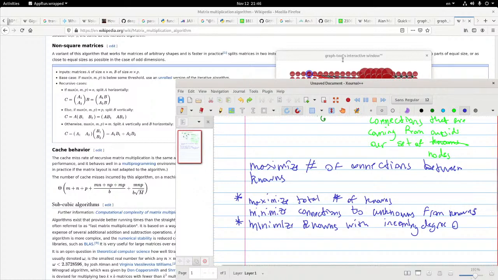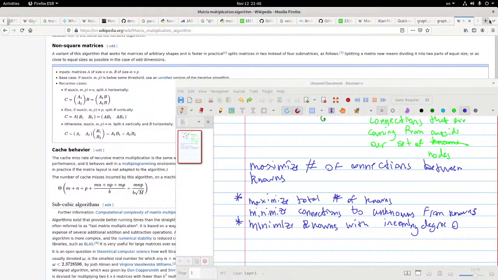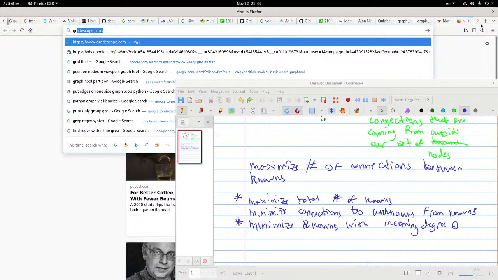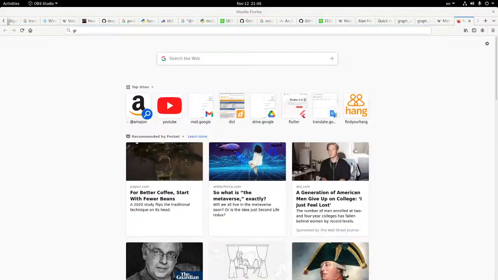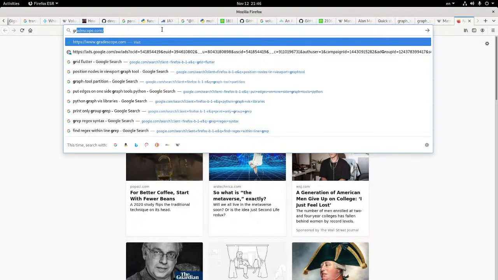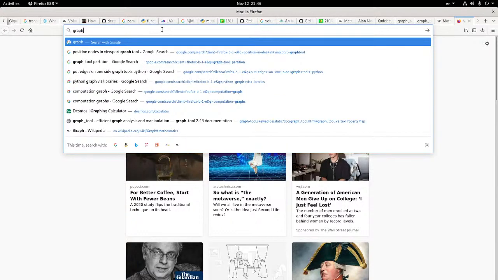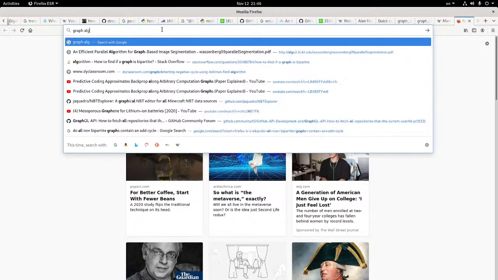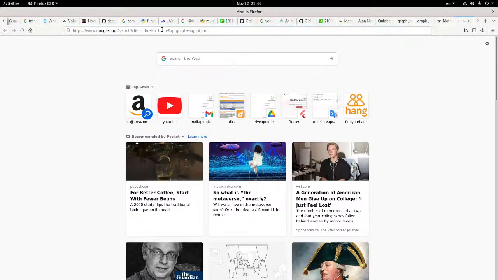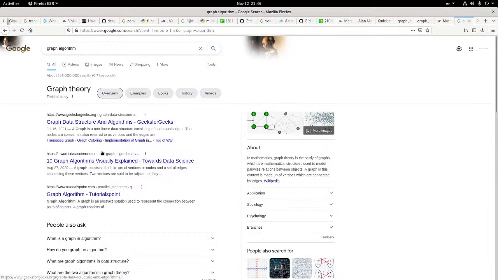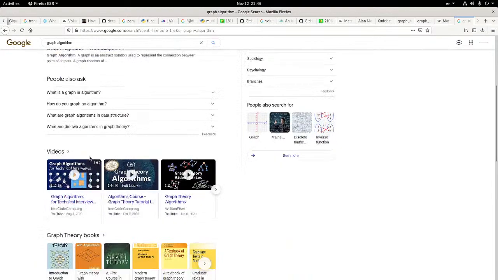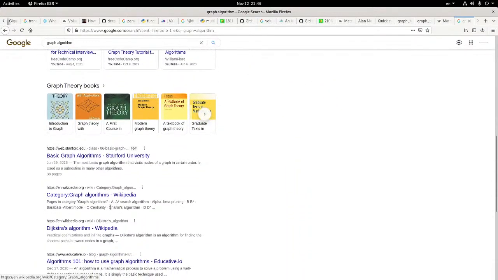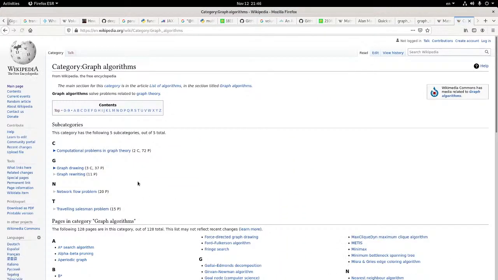What kind of graph algorithms are out there? Graph algorithm. Category graph algorithm.